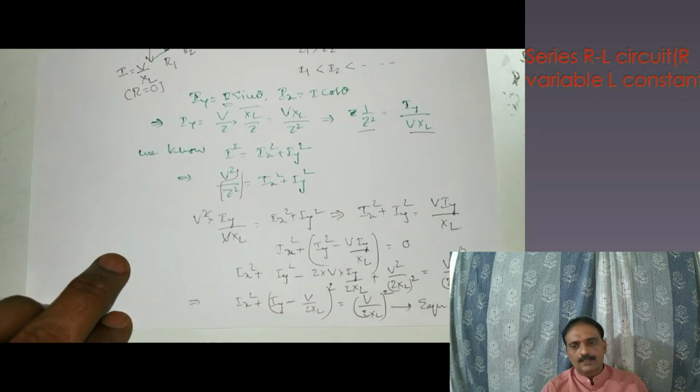And this is the equation of a circle. So x square plus y square is equal to r square, or x minus a whole square plus y minus b whole square is equal to r square. So here, in the place of a we are going to have 0, and in the place of b we are going to have V by 2XL. Hence we are going to have 0 comma minus V by 2XL as the center of the circle, and the radius is going to be V by 2XL.